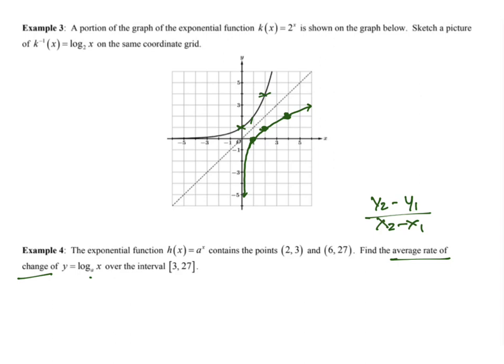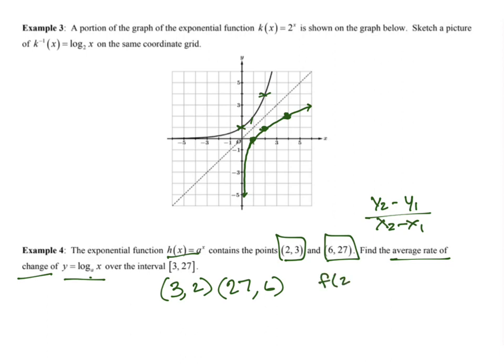But if h of x contains the points 2, 3 and 6, 27, then what do we know about log of x over the interval from 3 to 27? They're going to switch. So what are my 2 points? 3, 2 and 27, 6. Can we find the slope here? Surely. So y2 is going to be what? 6 minus 2.